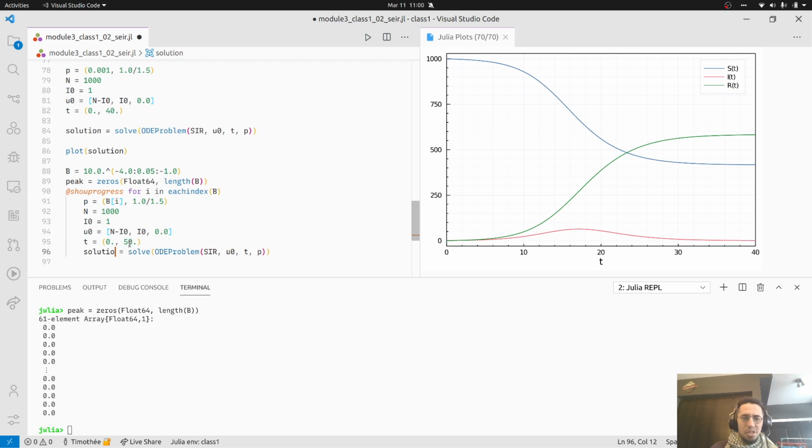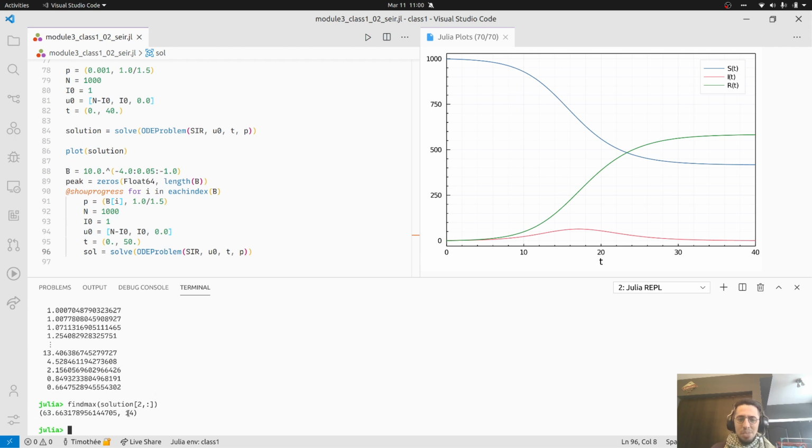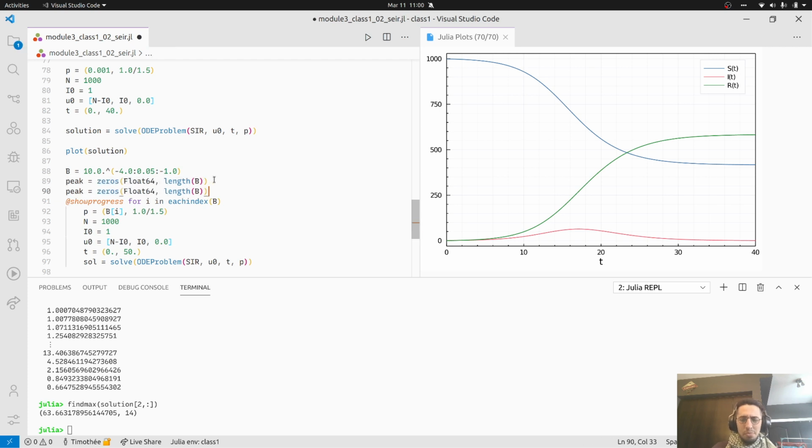That is going to be our solution. Let me check. If we want the second compartment, the first is the number of susceptible, and this is the number of infected people. What we want is when is it the largest? It's going to be the largest at time step 14 with 63 people infected.